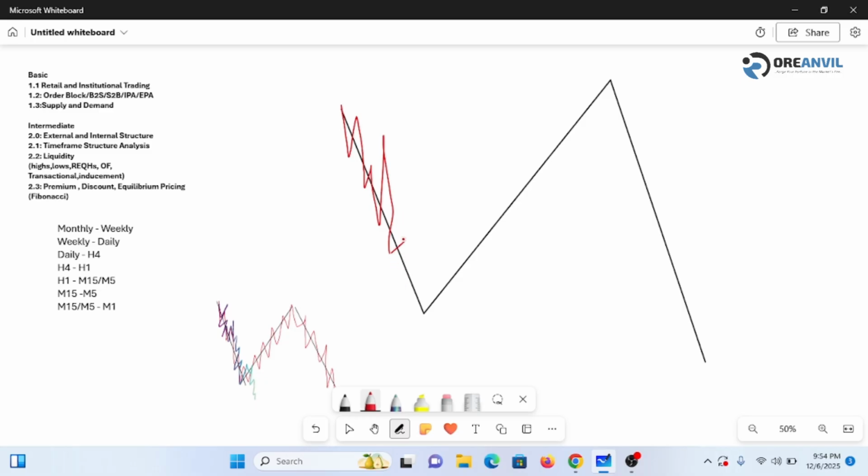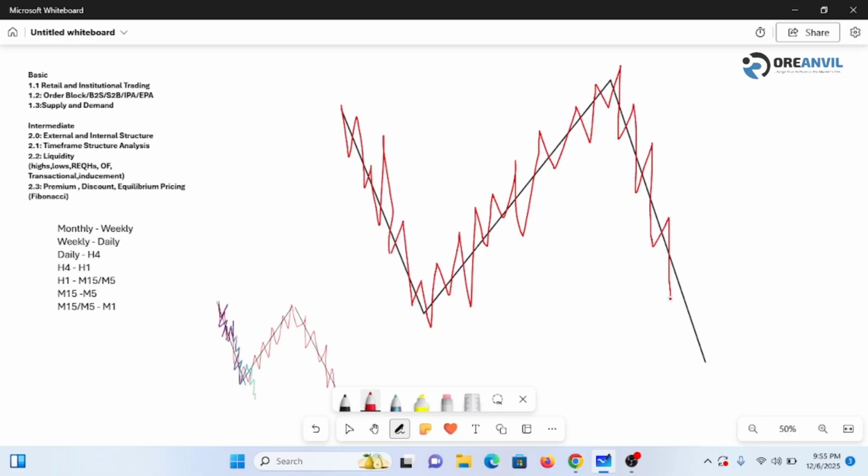High, low, high, low, high, low, high. Break of structure here. What is that? High, low, break. Inducement here. What was that? What is this? Low, high, low, high, low. What is this again? It came down.